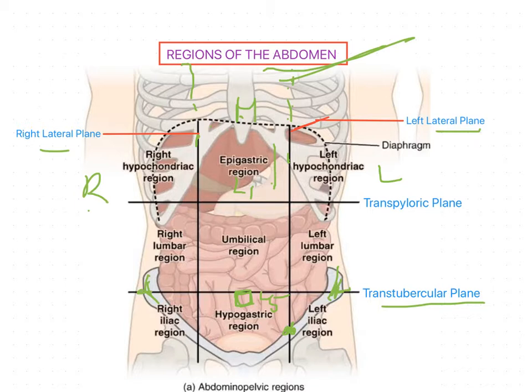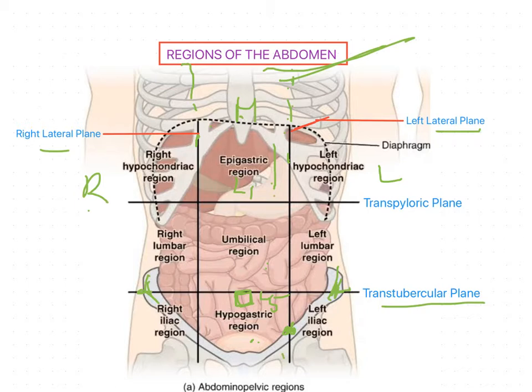Below the umbilical region is the hypogastric region, that is, below the stomach or belly. So the 3 regions in the median vertical zone, from above downwards, are the epigastric, umbilical, and hypogastric regions.